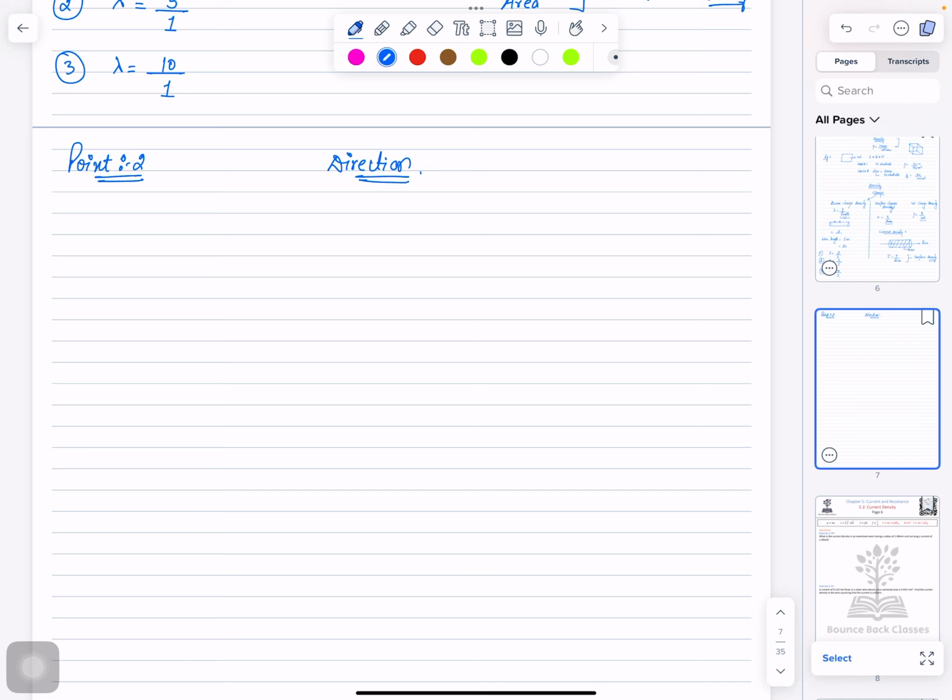The first point here, as we know, current is a scalar quantity. Second, what we have? We have an area. That is also a scalar quantity.